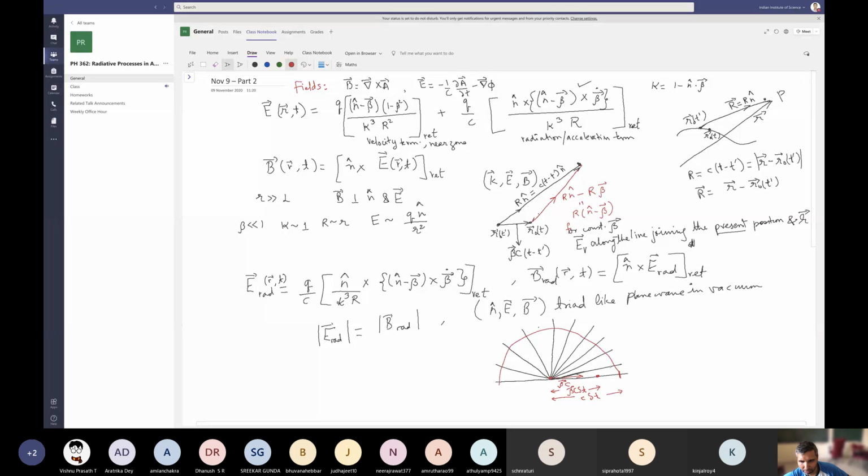So how do I draw this? Actually, this is where the trick is. The points which are inside do know that the charge has stopped. If the charge has stopped, it's all radial. So let me draw these radial field lines.